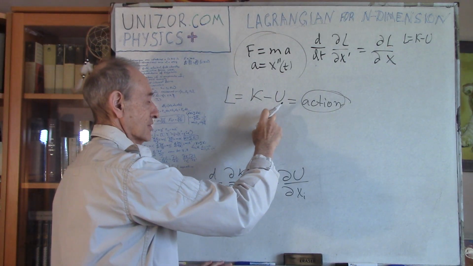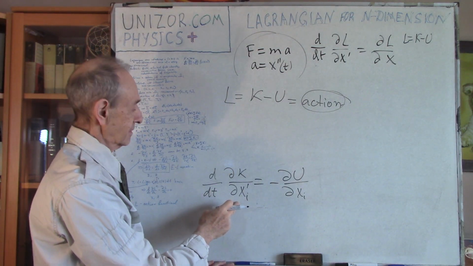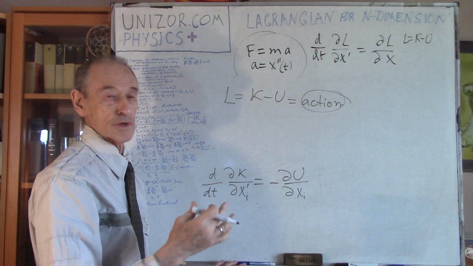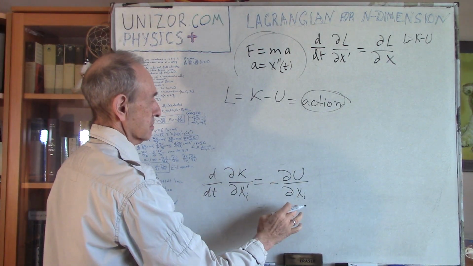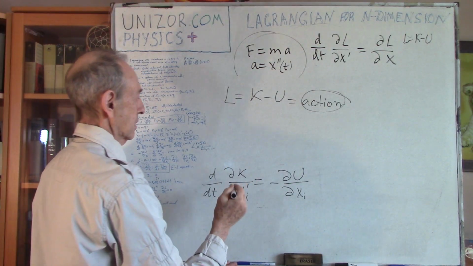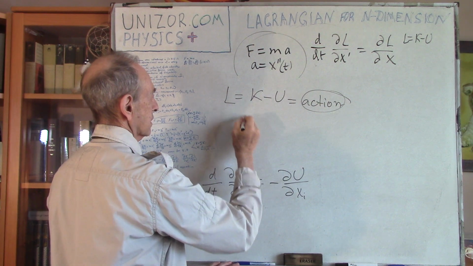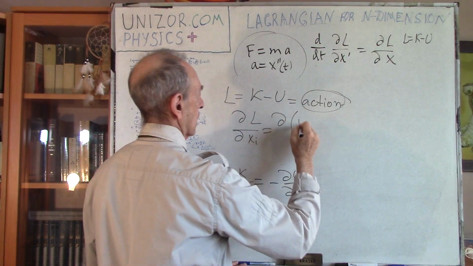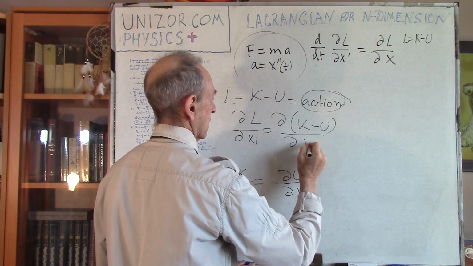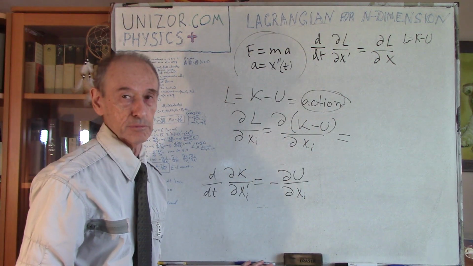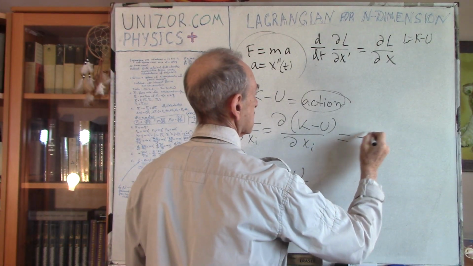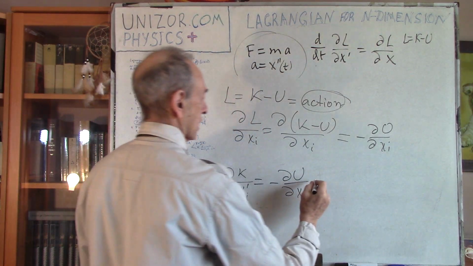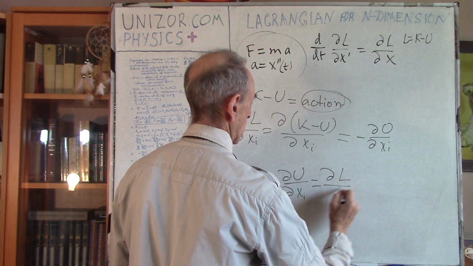And potential energy doesn't depend on the vector of velocity, it depends only on positions, because we are talking about conservative forces, etc. So from here follows that dL/dx_i is the same as d(K minus U)/dx_i, but K does not depend on position, only on velocity, which means it's the same as minus dU/dx_i. So this I can replace with dL/dx_i.